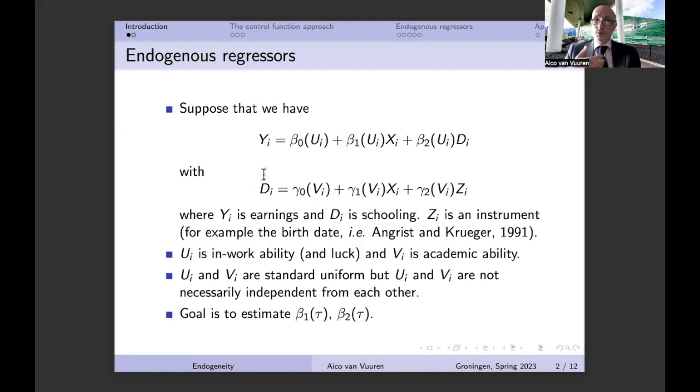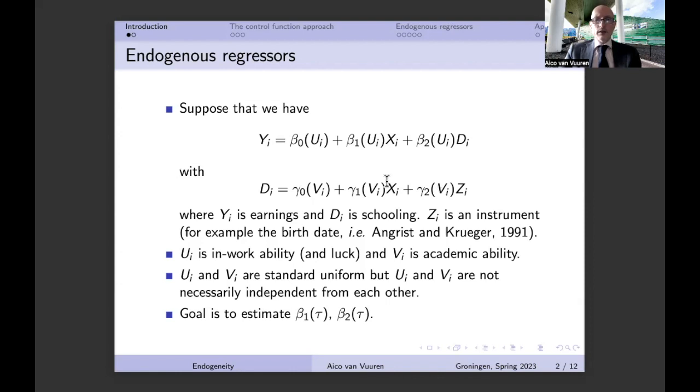So it enters twice in our model, once at the right-hand side and once at the left-hand side. In addition to that, what we can say about this model is that both equations are random coefficients models.